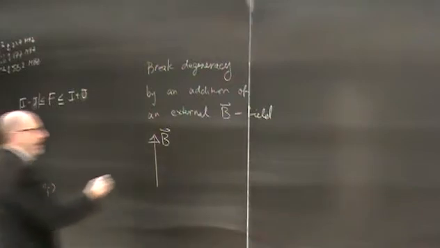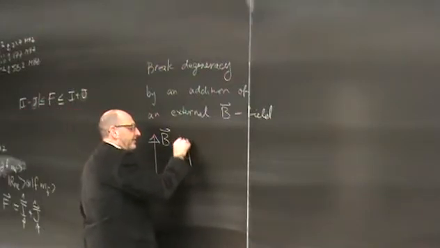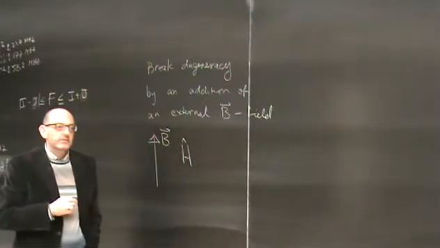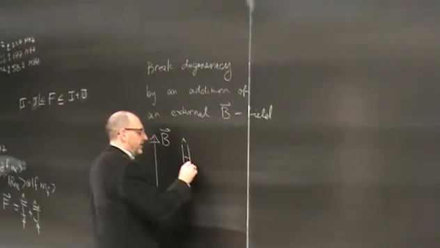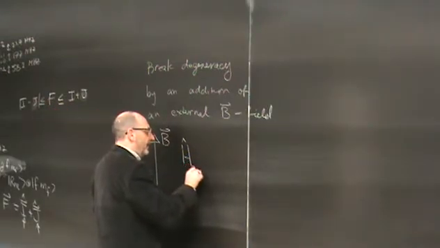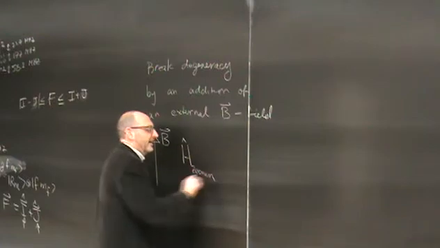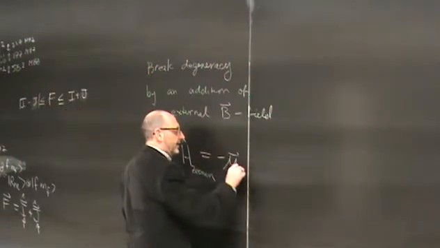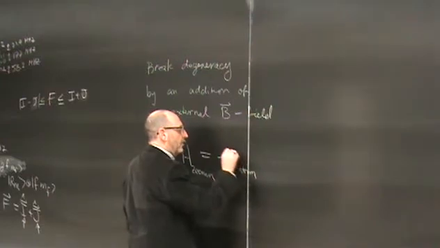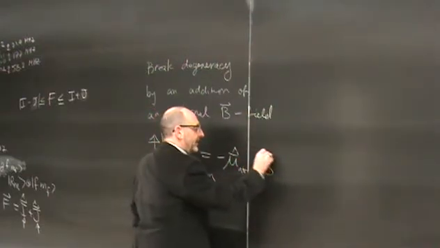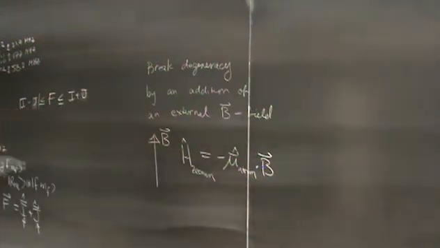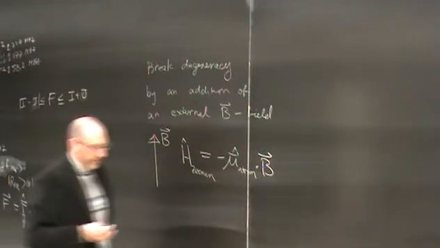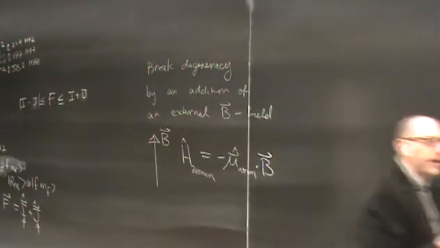And so there is a new perturbation, H, which I'll call the Zeeman interaction, which is the interaction of the atomic magnetic dipole moment with the external magnetic field. And as Stephen mentioned, this is a problem you're studying in your homework right now.